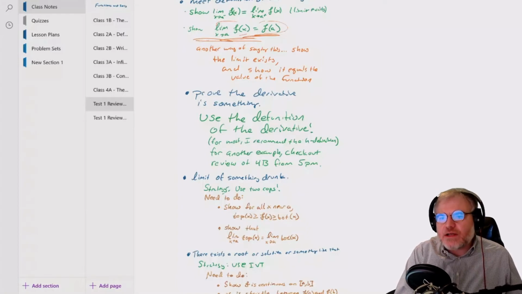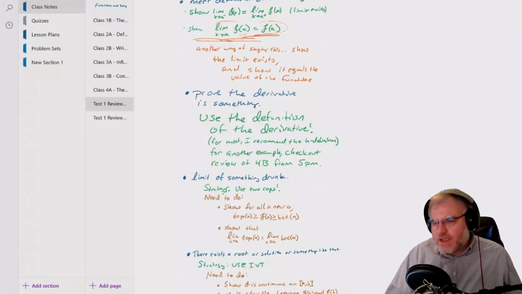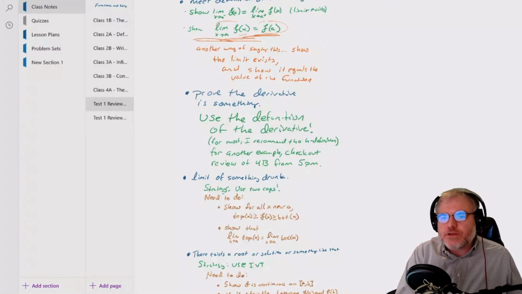Limit of something. And what was the other thing? Exists a root or something similar.